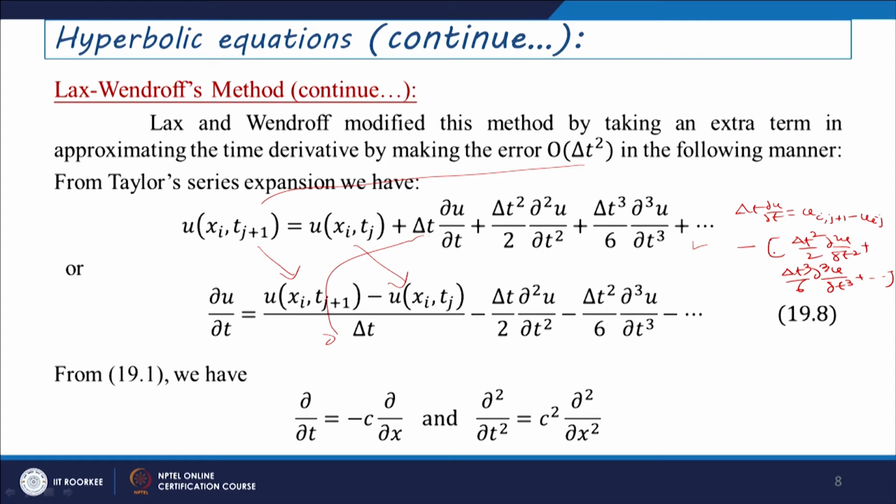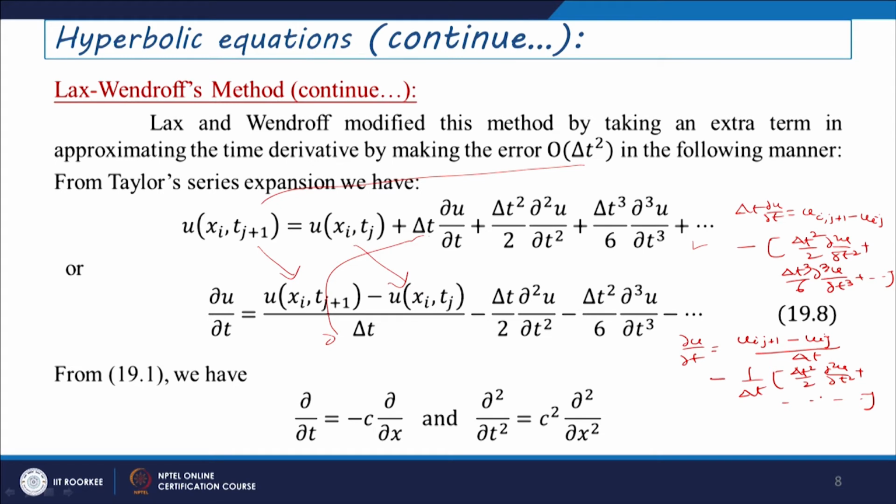And directly we are writing here del u by del t, which is nothing but the division here. This can be written as u i j plus 1 minus u i j divided by del t minus 1 by del t into del t square by 2 del square u by del t square plus all other higher order terms containing del t.